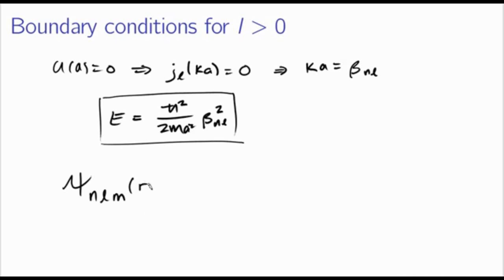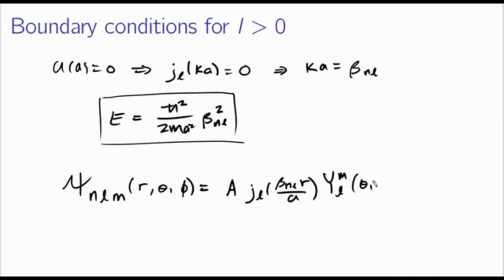And it's going to be a function of r, theta, and phi. And it's going to be given by, of course, a normalization constant out front, j sub l of beta nl r over a, multiplied by our spherical harmonic, Y_lm of theta and phi.